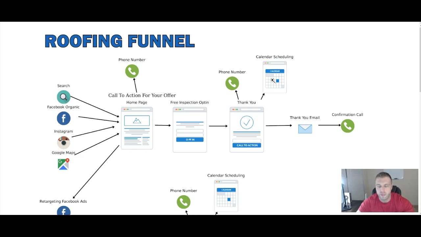I know it's difficult depending on what type of system you have, but if you really want to get organized, set up a place for someone to schedule, so they can schedule an appointment right away. People are a lot more inclined, knowing, okay, at 2:00 on Tuesday I'm off work, I can have the roofing company come out and look at my roof. And then right after that, call them immediately.